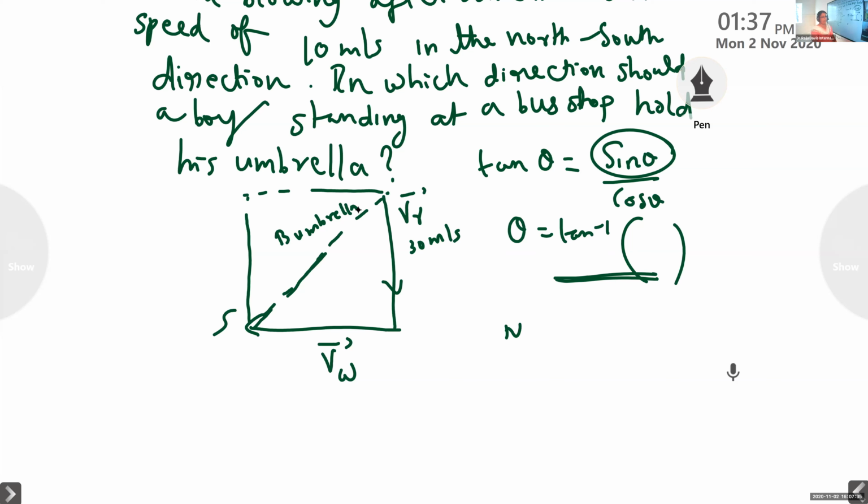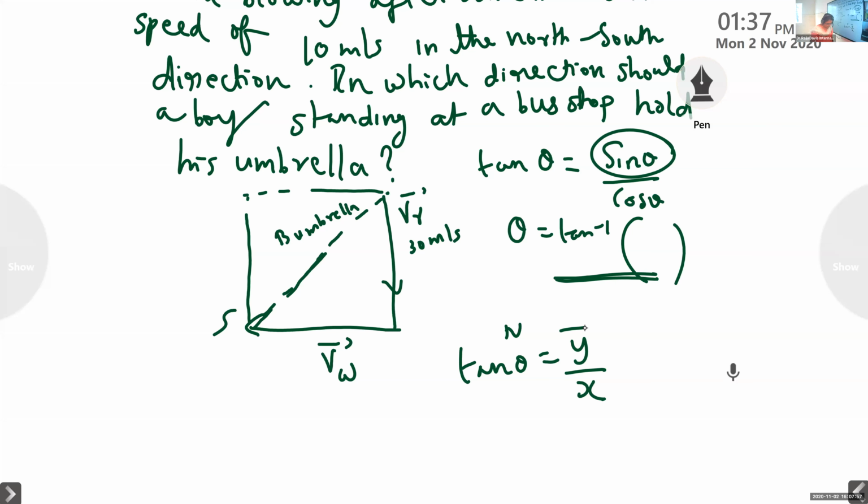Tan theta. So wind is blowing in the x direction and the rain is falling in the y direction. That is how you understand it. So tan theta will be the y component by the x component. So tan theta is y by x. So here, what is y?